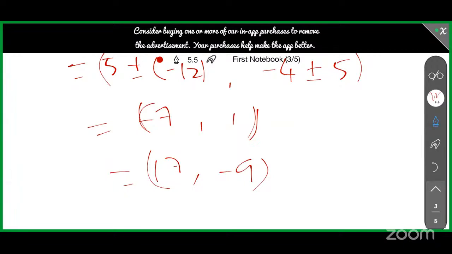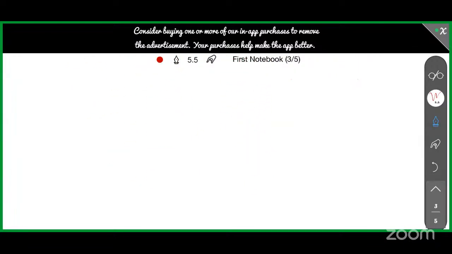Yes, sir. Now I'll give the same question to do as homework. The line is passing through the point A (1, minus 2) and has a slope 1, and the distance is 4 root 2.